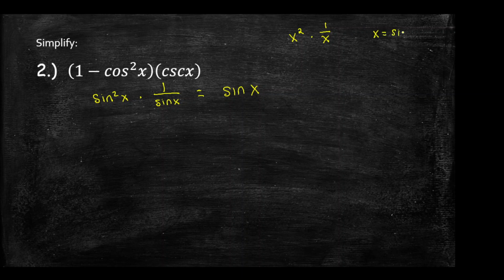This is no different than something you've done before. It just looks a little different because I've got a sine and a cosine and tangents in here. But at the end of the day, if you just treated this as x squared and this as 1 over x, then having that equal x is no big deal to you, right? We've done that 100 times. And so in this case, my sine squared x divided by sine x is just plain sine x.